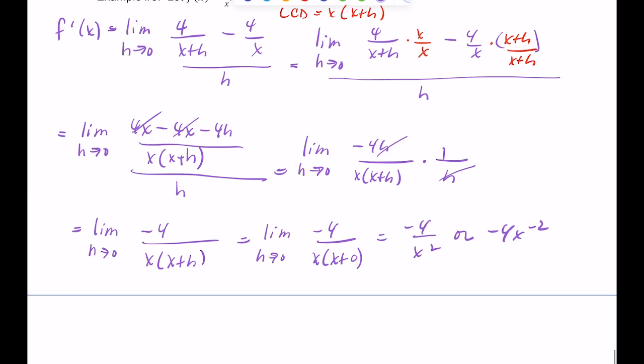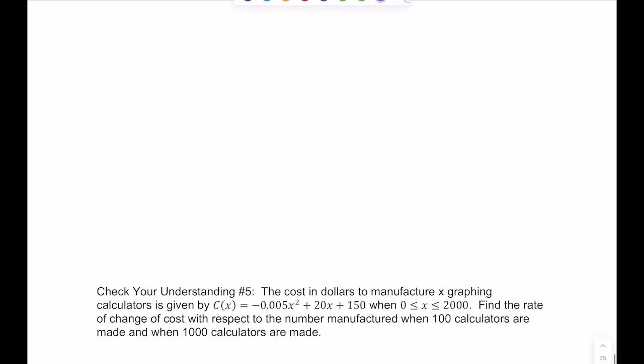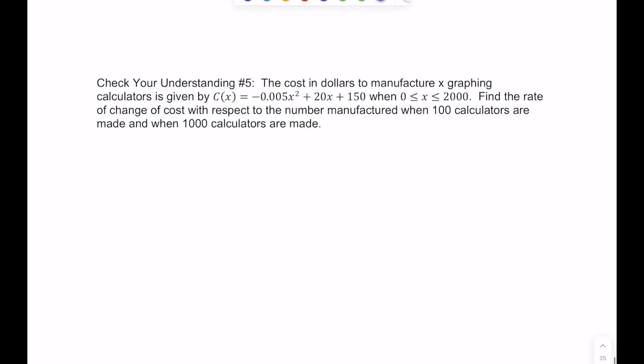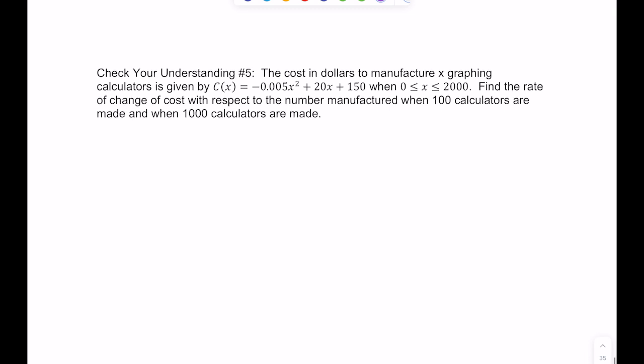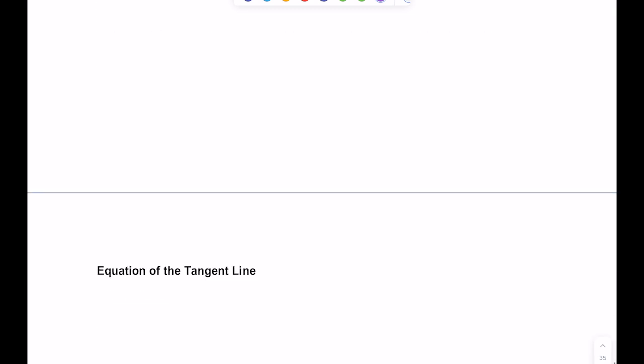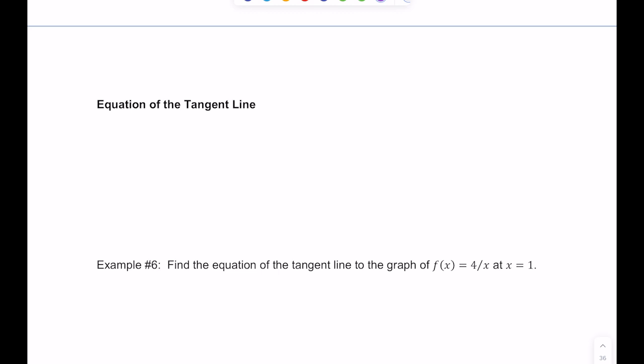Okay. Next, we have a cost problem that you can try on your own. So here's an application. Let's talk about the equation of the tangent line.